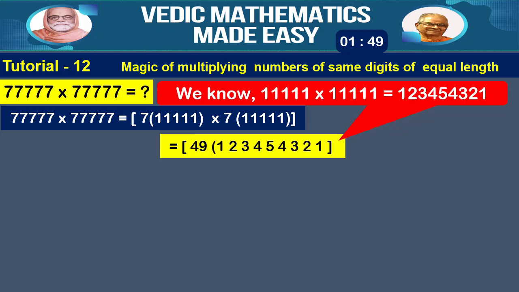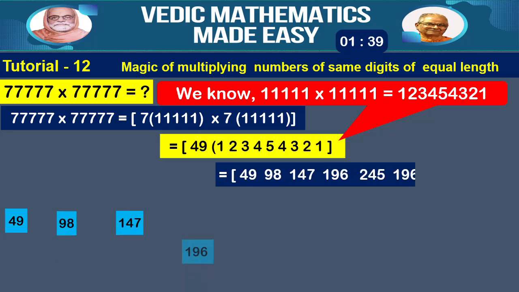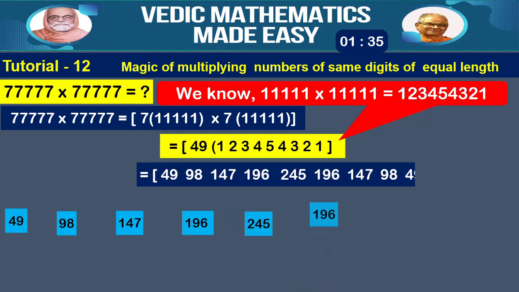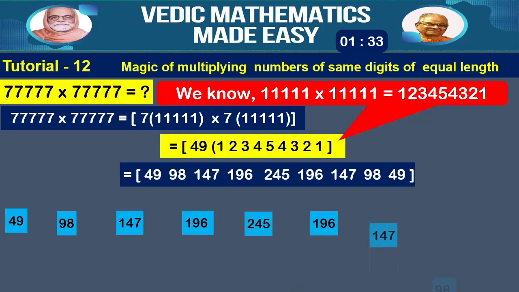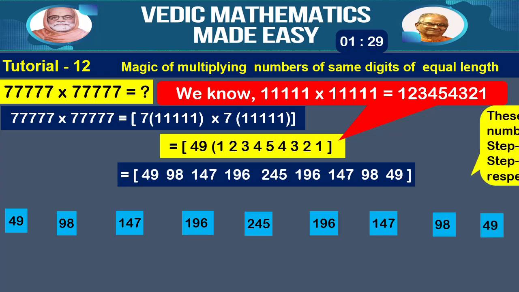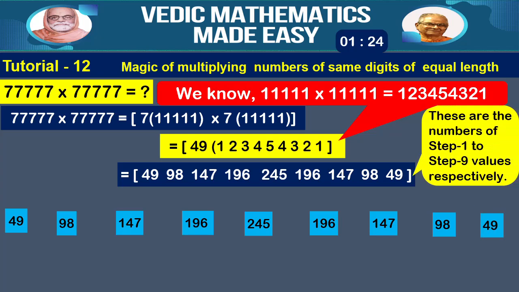By multiplying each number by 49, we get 49, 98, 147, 196, 245, 196, 147, 98 and 49. These are the numbers of step 1 to step 9 values respectively.